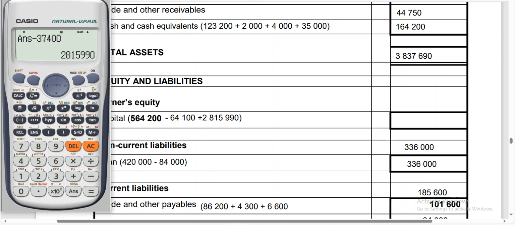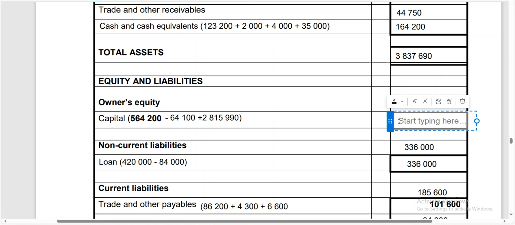So let's see, if we say 564,200 minus 64,100, and then plus 2,815,990. How much are we going to get? We're getting 3,316,090.